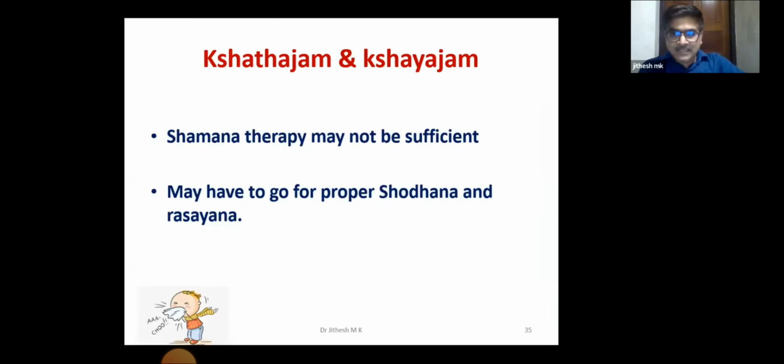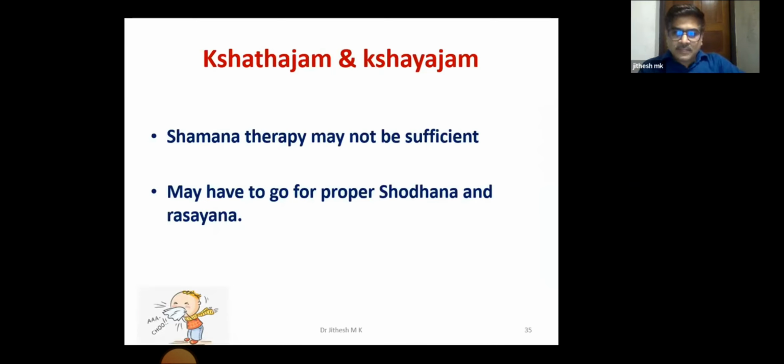Especially for the Pachana, it is better not to adopt the Katu Pachana Dravya, because here also the vitiated doshas will be mostly the Pitta and Rakta. So if we use much Ushna Dravyas for the Snehana or Pachana, there is a chance of increase of Vidagdha. The Pitta may turn into Vidagdha.